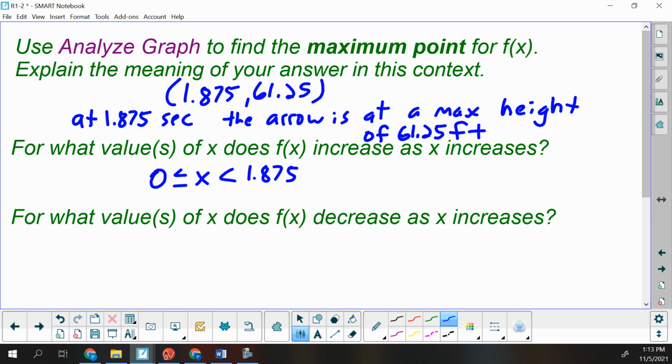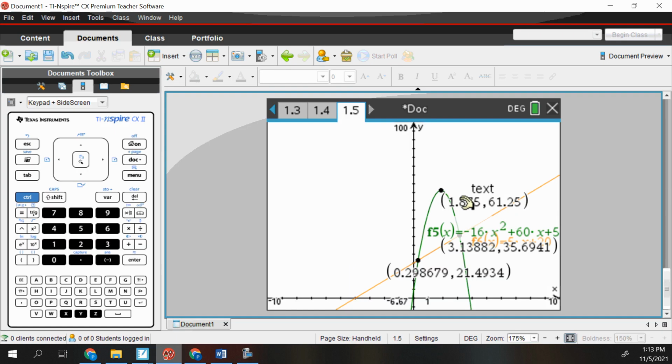When it decreases, it would just be the reverse. We would go from 1.875, and the x's would go till when it hits the ground. So 3.832. And actually, as I'm writing that, I realize we haven't found that 3.832 yet. So if we want to find where it hits the ground, we want to see where that parabola comes back to the x-axis.